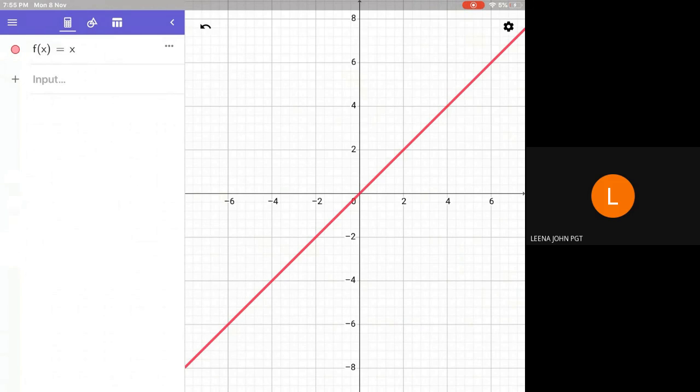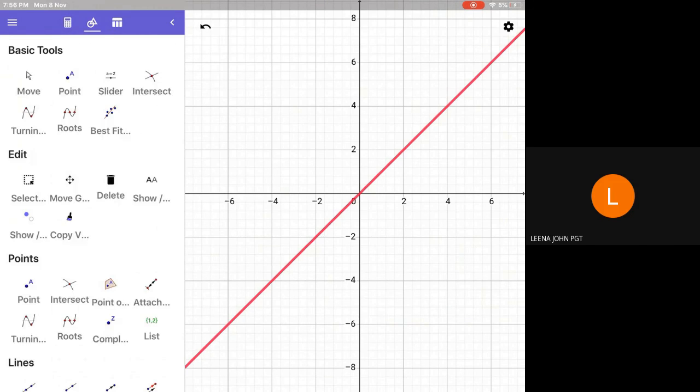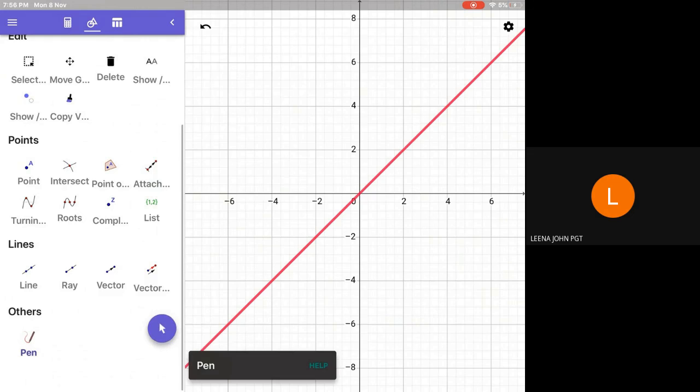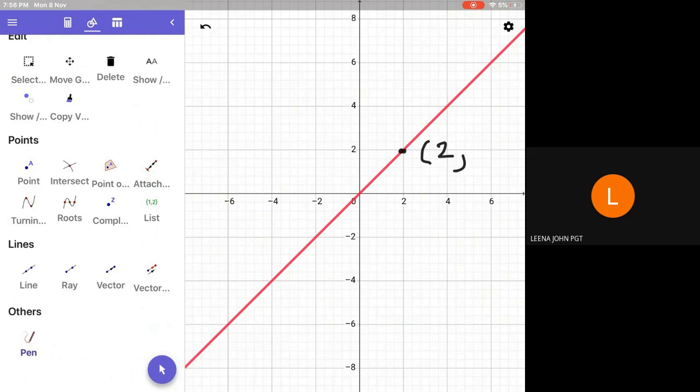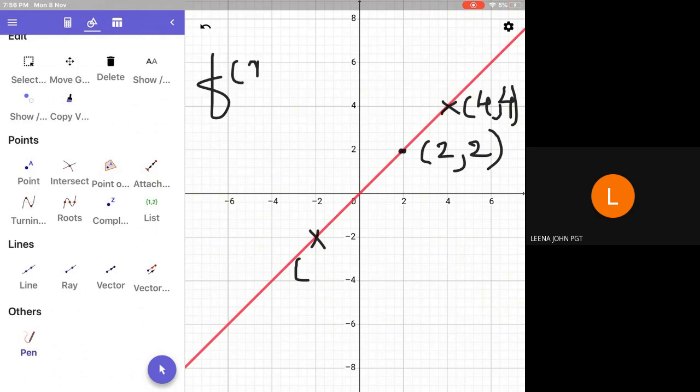I'm using the Geogebra graph. So this is the graph. You can just see here which are the points I've taken. Here the point I've taken is 2, 2. Then this point is 4, 4. All those points from f of x equal to x.